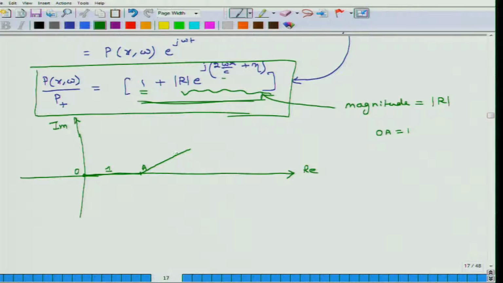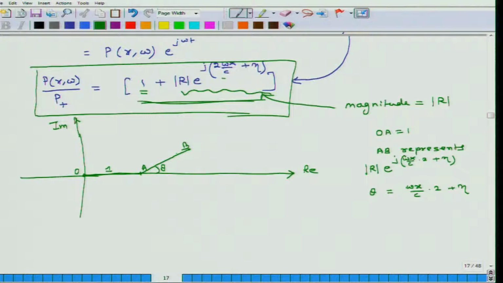So I make another point B, and AB represents e to the j omega x over c times 2 plus eta, where theta equals omega x over c times 2 plus eta. Okay.